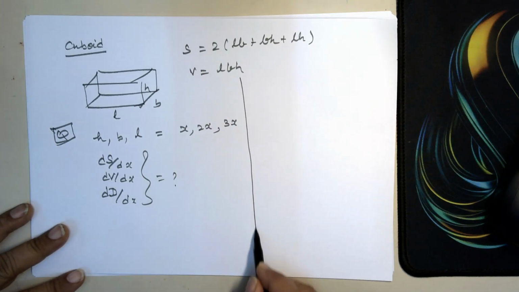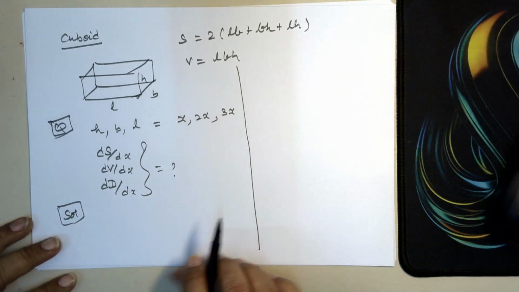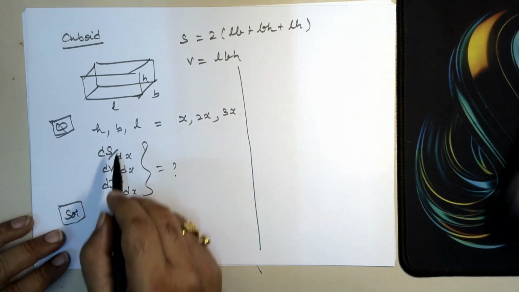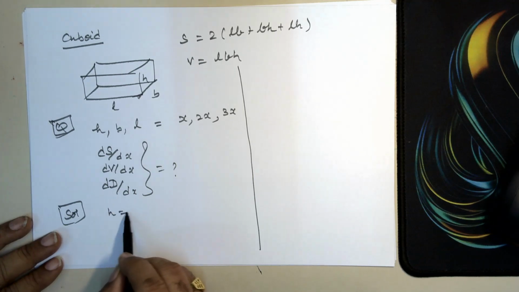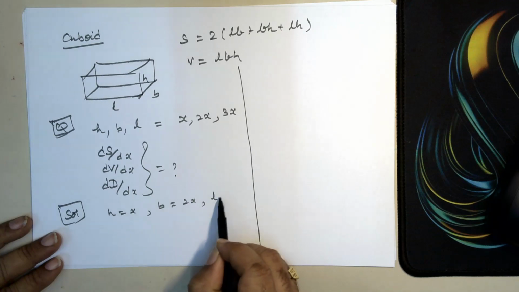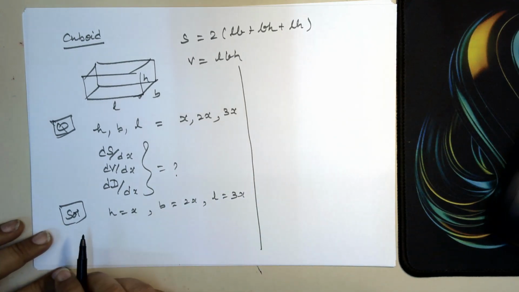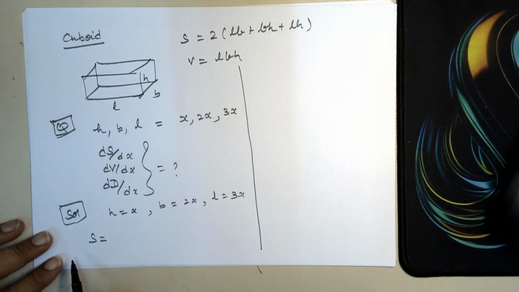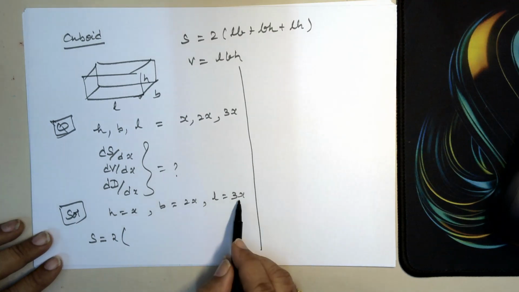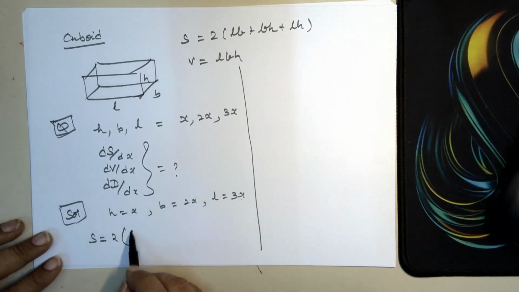Solution. So here it is clearly given h as x, b is 2x, L is 3x, right? So surface area of the variable cuboid, this S is equal to 2 into (LB. What is L here? 3x. B, 2x. So it means 6x squared, right?